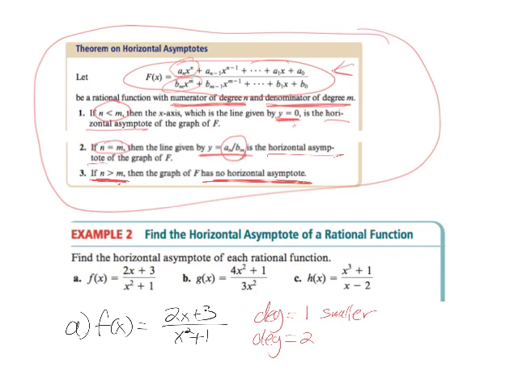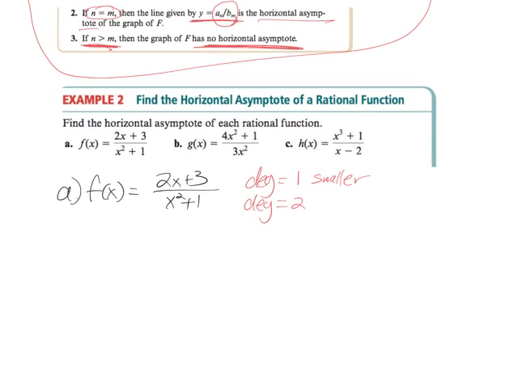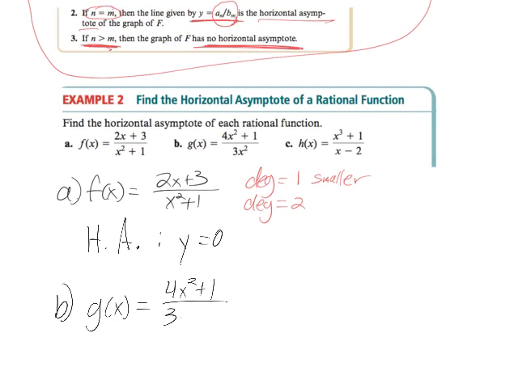That goes along with that first rule. n is less than m. So what that means for us is that the horizontal asymptote is going to be y is equal to 0. Okay? And then for B part, if you look at B, you'll notice that the degree on top and the degree on bottom are the same number.